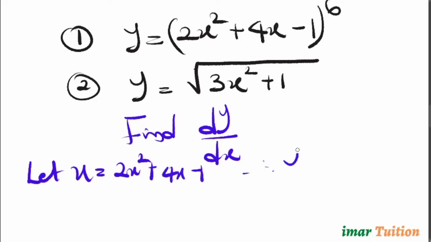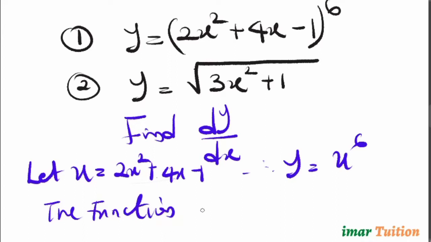Therefore, y will be equal to u raised to the power 6, correct? We'll differentiate u with respect to x and differentiate y with respect to u. Here, y is a function of u, which is a function of x, hence the term the function of a function. This chain rule is also called the function of a function.